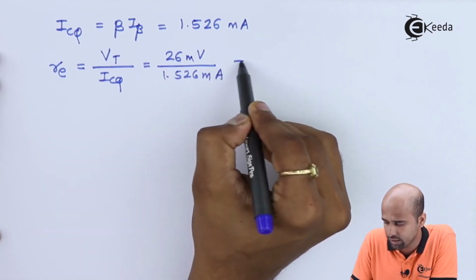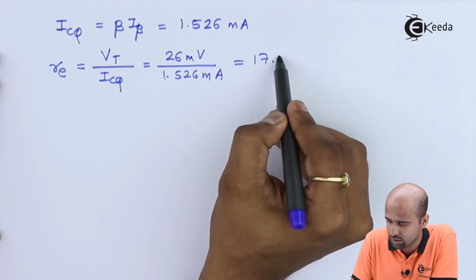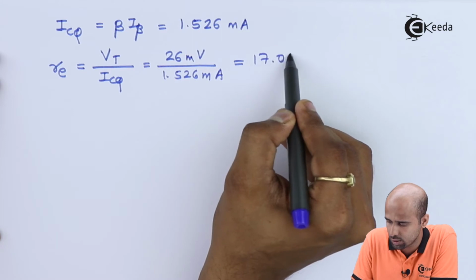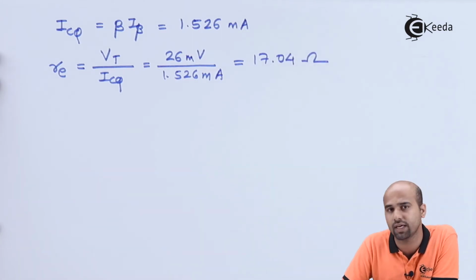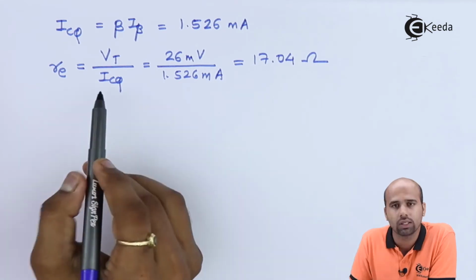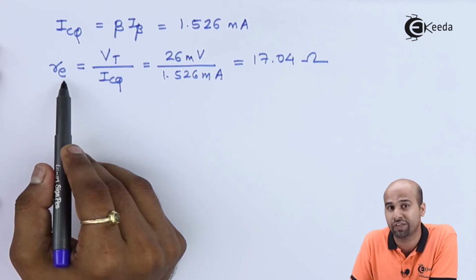Milli cancels milli, and we will be getting 17.04 ohm. This is the value of small re. This small re is important for us to calculate the value of gain.